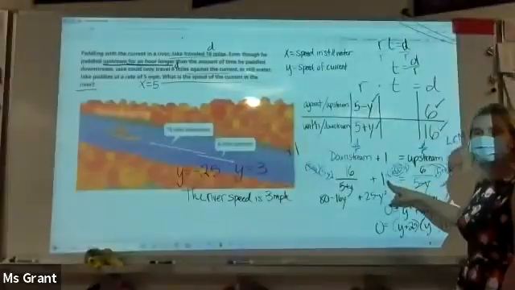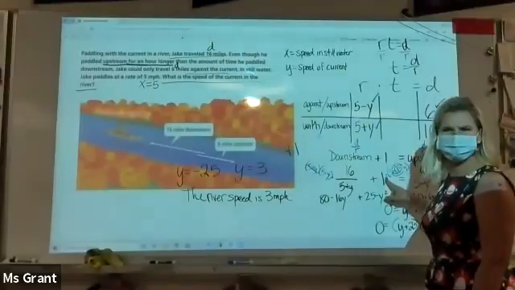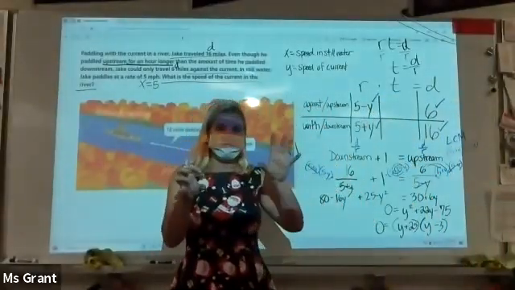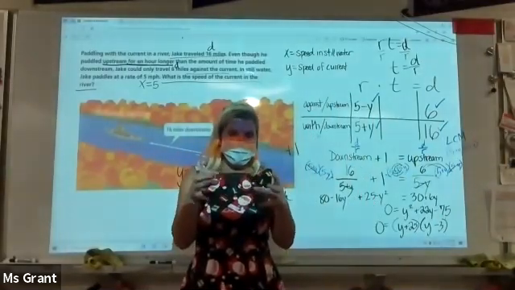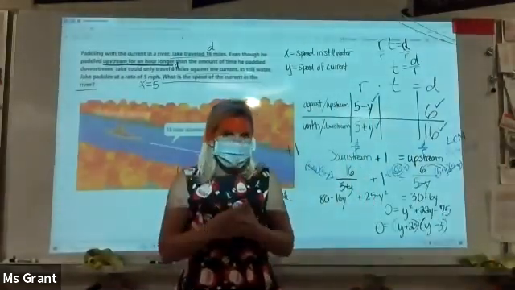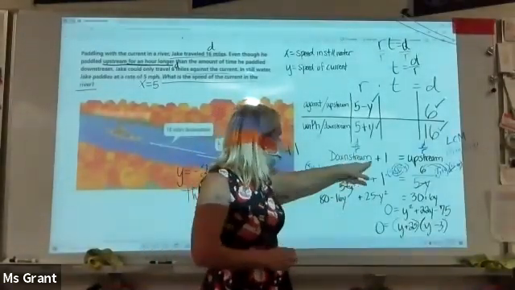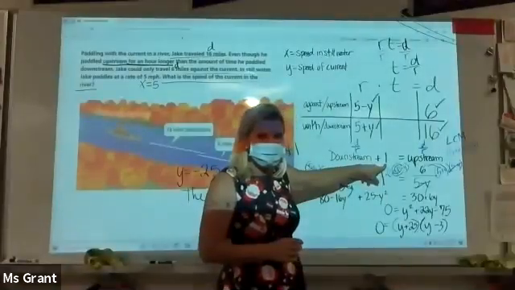For the time, so for the upstream, would it be 16 over 5 plus y plus 1? No, you don't add an hour to the upstream. If I want upstream and downstream to be equal to each other, then I have to remember I go slower upstream. So downstream plus an hour is going to be the time.